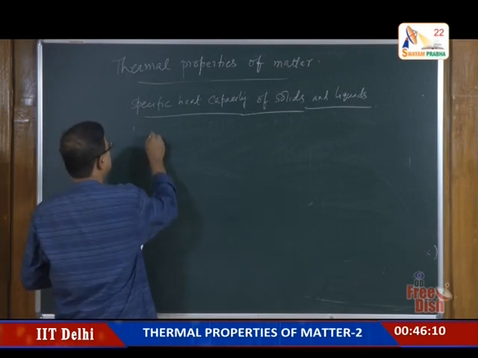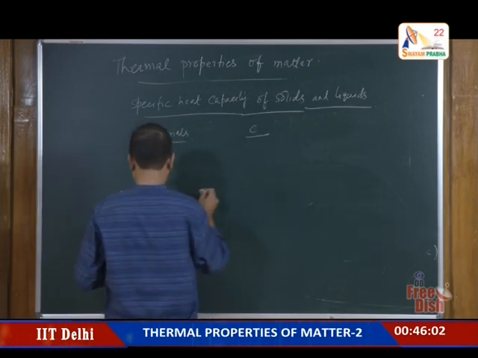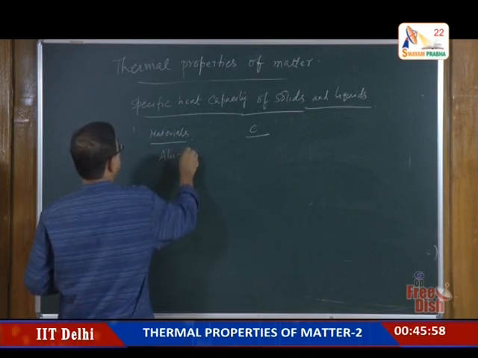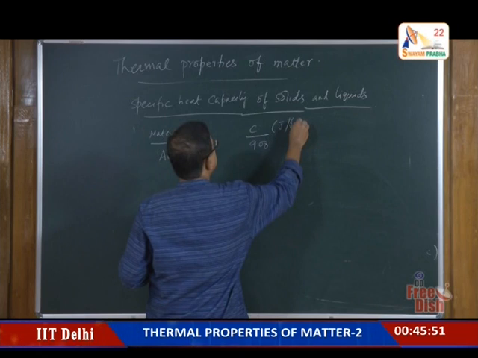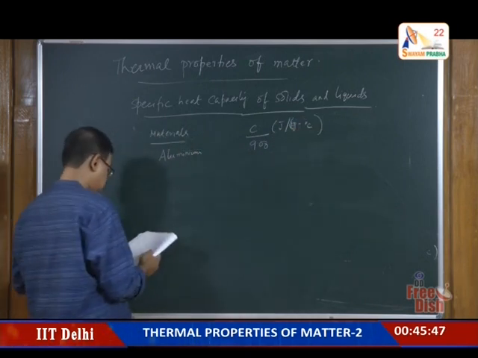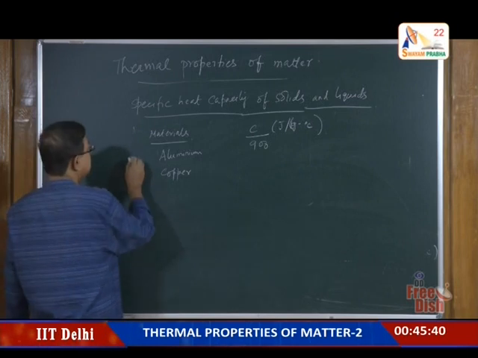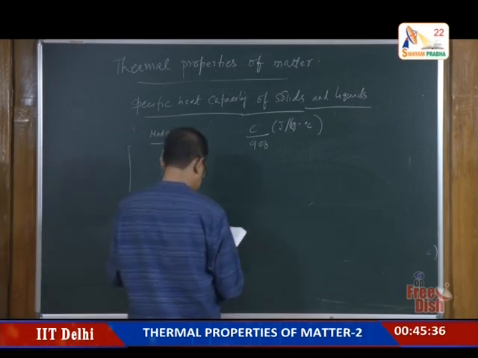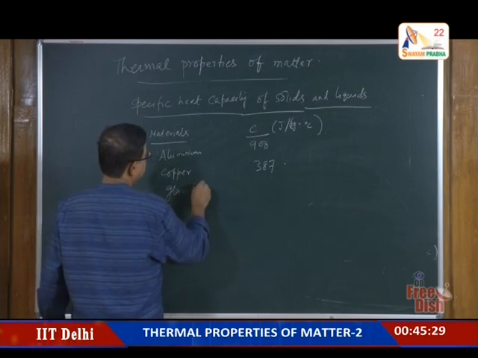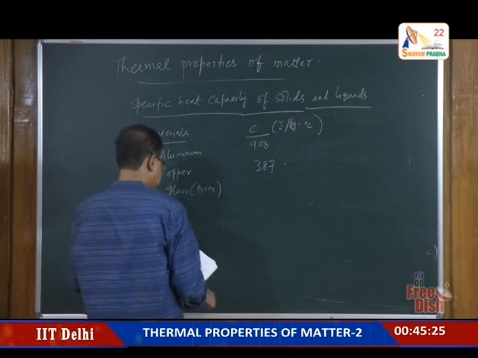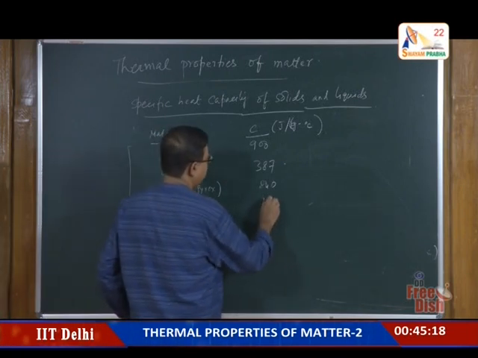And so solid materials are: aluminium, so C is 900, and this is in joule per kg degree centigrade; copper is 387; glass, again Pyrex glass, is 840; and iron is 452.